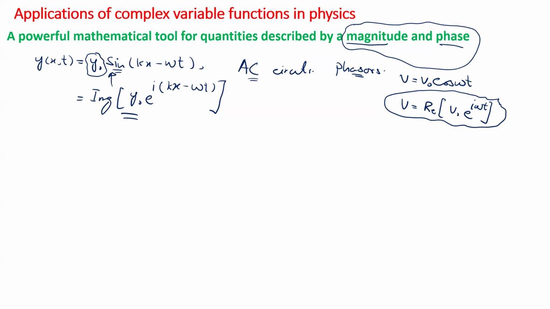Similarly, in this discussion of circuits, if we replace our voltages and currents with these complex functions, then the algebra of these complex functions is extremely easy. It's easy to differentiate these complex functions, e to the i theta. Its derivative and its integral are extremely simple, i e to the i theta.